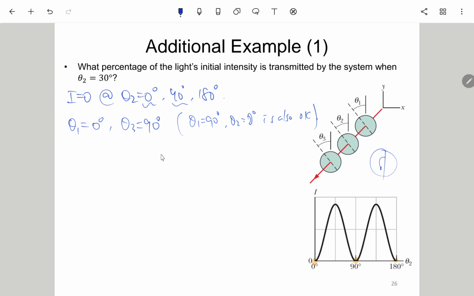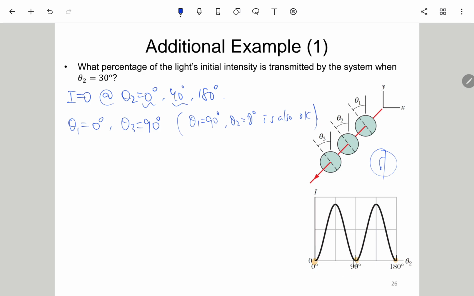Because at least one of them is 0 degrees. When theta 2 is also 0 degrees, it points in the same direction as theta 1, but theta 2 and theta 3 have 90 degrees between them, so the cosine of 90 degrees gives you 0.